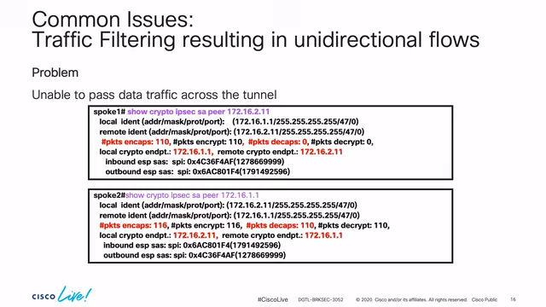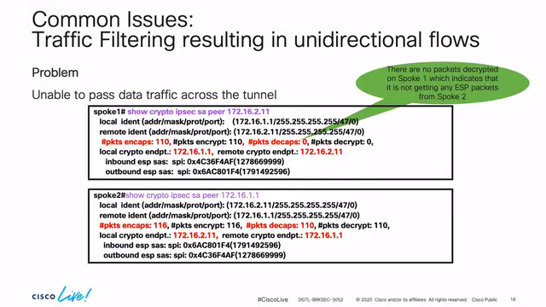When we go back and look at spoke 2, we see that the packet encaps and the packet decaps are incrementing consistently. So what we need to figure out is why on spoke 1 we are not getting any packets back from spoke 2, any ESP packets.